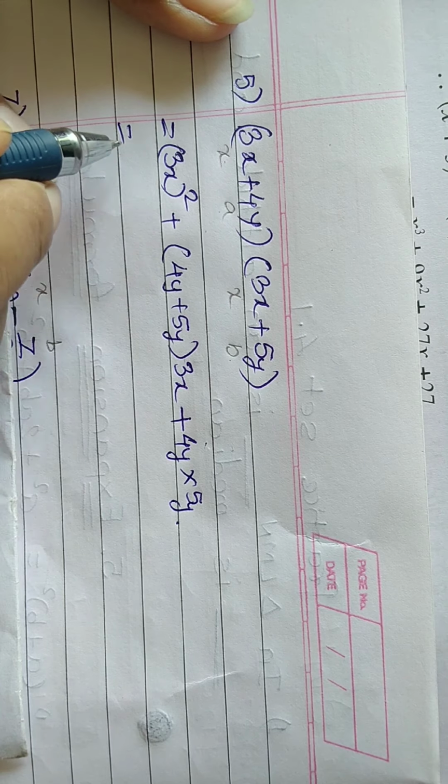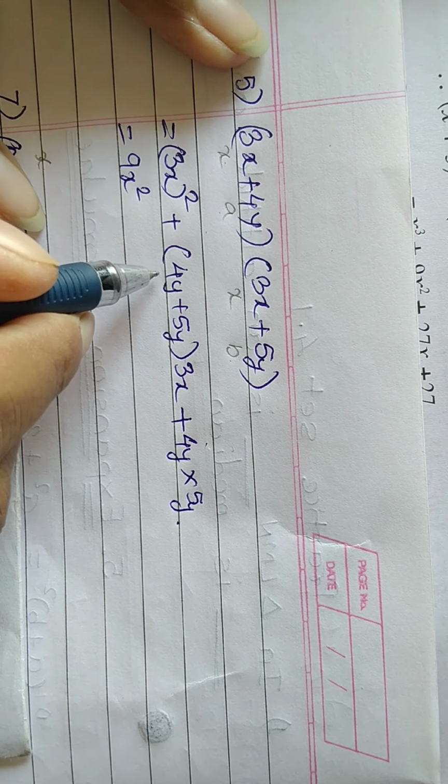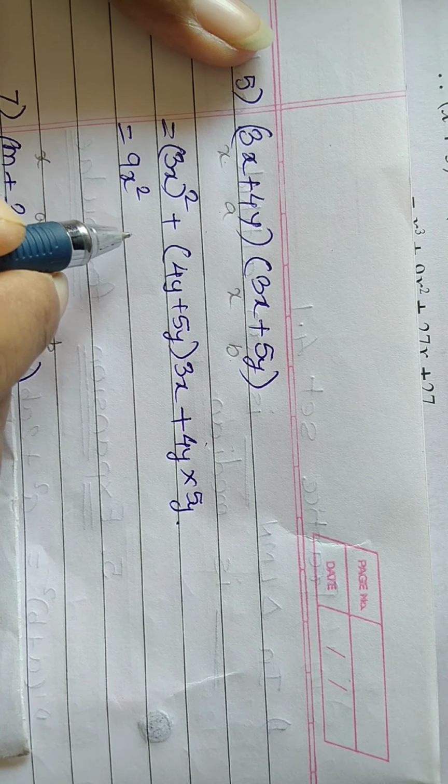Now square of 3x is 9x², 4y plus 5y is 9y.